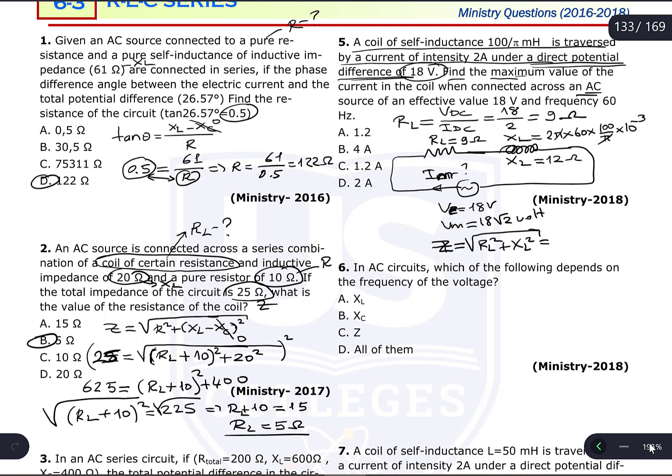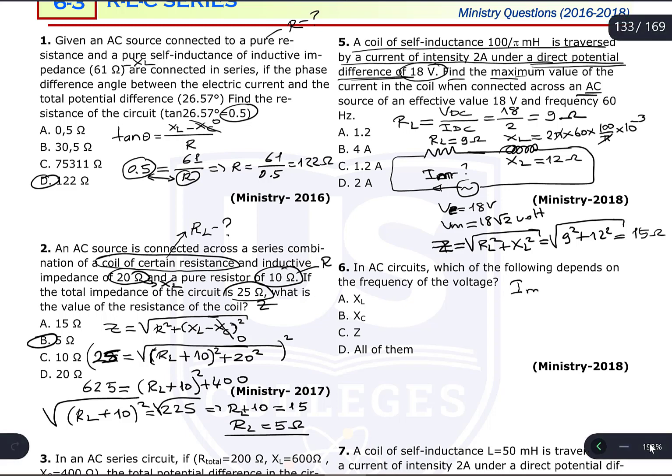RL is 9 squared, XL is calculated 12 squared. 9 squared is 81 plus 12 squared is 144. So 225, yes, 15 is the answer. 15 ohm is Z.